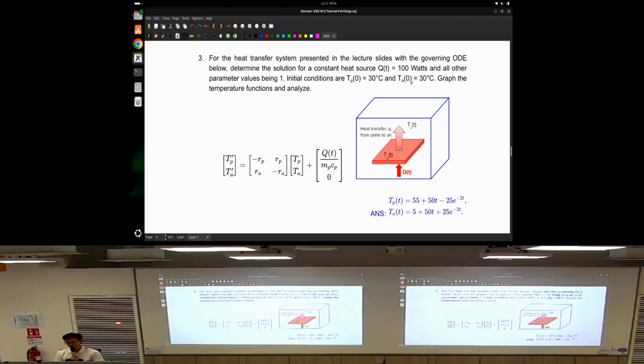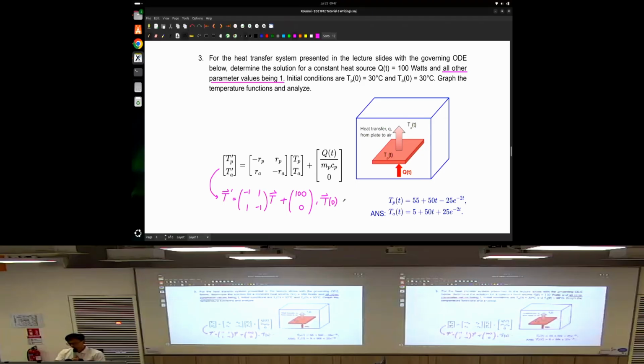So I believe this one you should be able to solve on your own, because all other parameter values being 1, this becomes T prime equals to minus 1, 1, 1, minus 1, times the vector T, plus the excitation, which will be 100 divided by 1, just 100, and then 0. Then you have to have the initial condition.